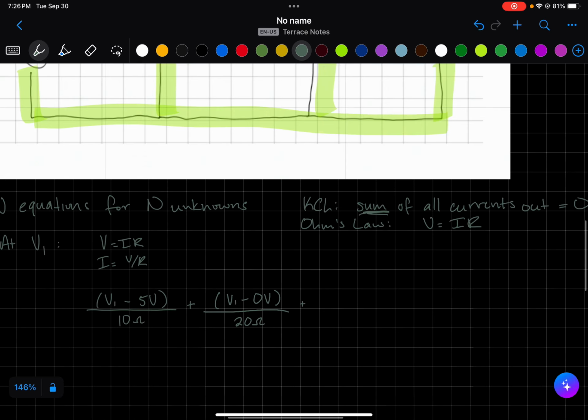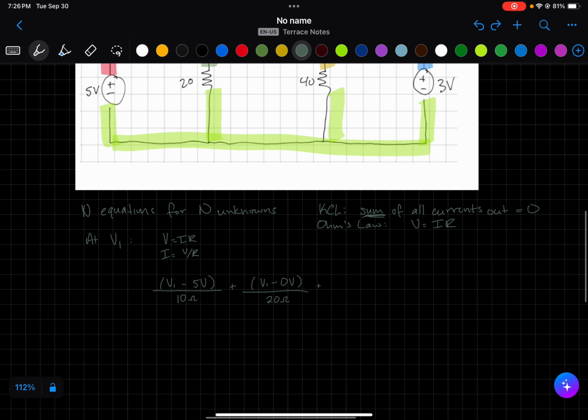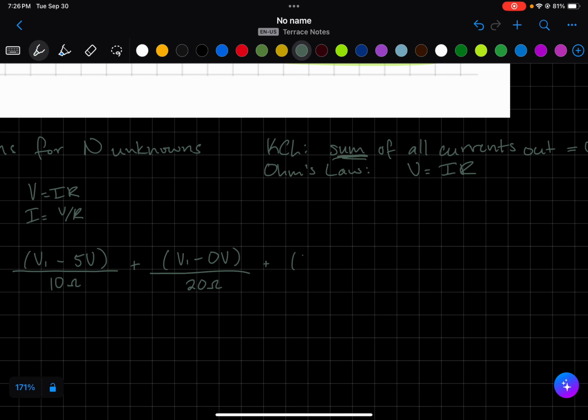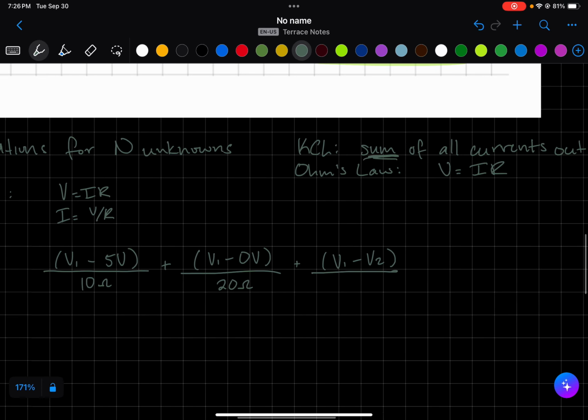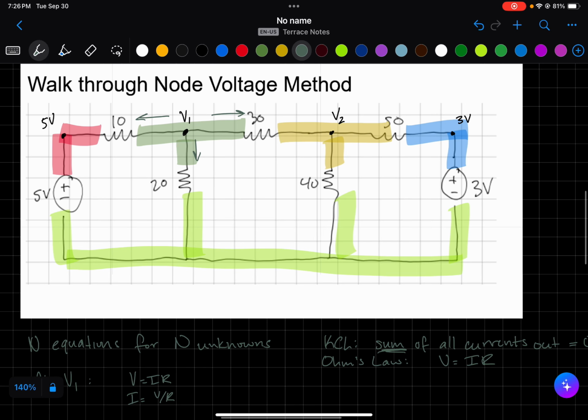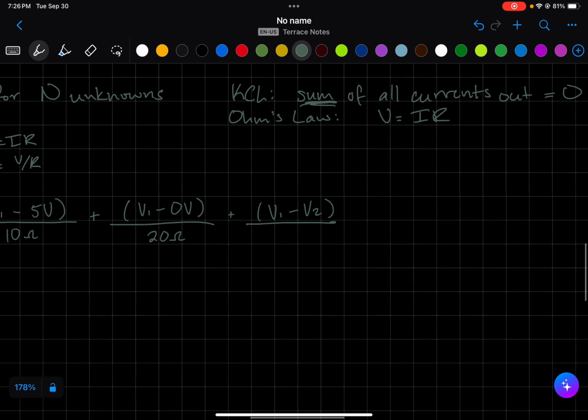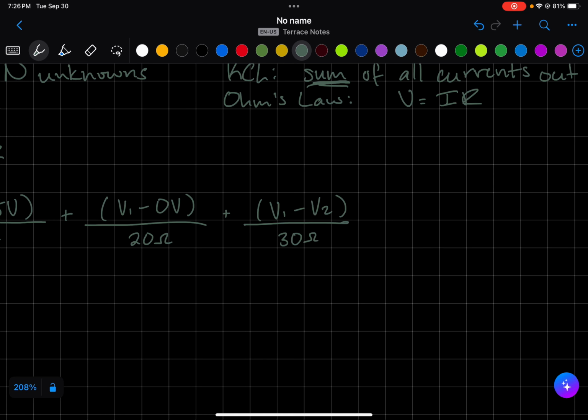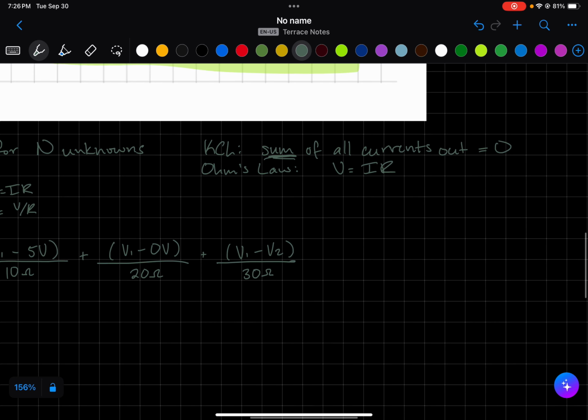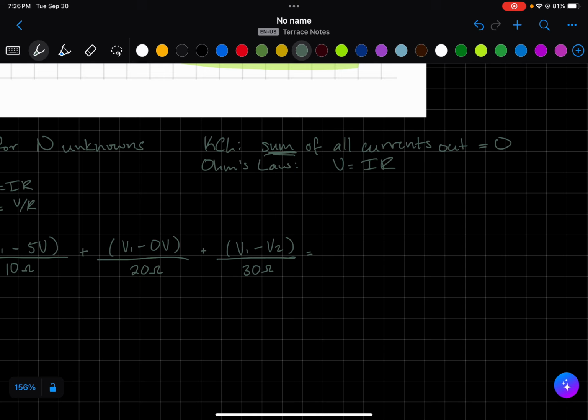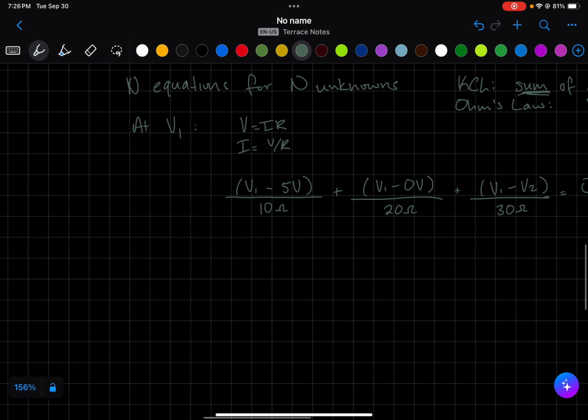So that'll be V1 minus V2 in the numerator, and then over the 30 ohm resistor, set equal to 0. So that's our first equation.